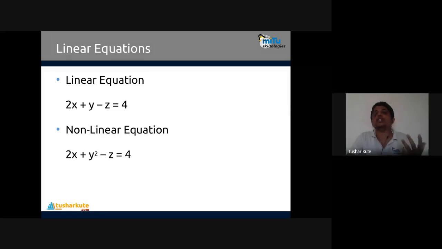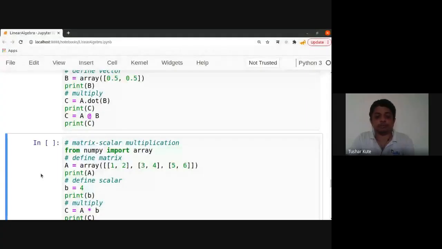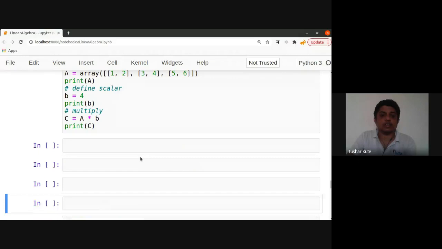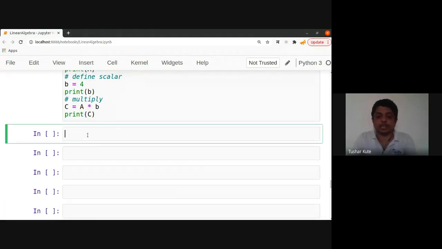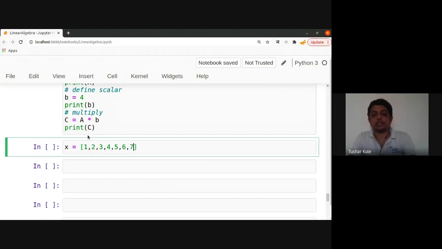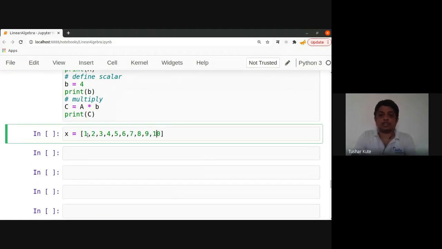How linear and non-linear equations are actually formulated, that's what we can identify with the help of this particular equation here. One small example I'll show you, so we can differentiate between linear and non-linear equations. For example, let's have a variable x, and I have plotted some set of numbers.